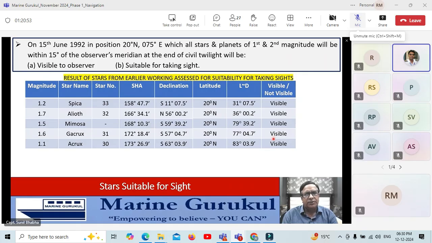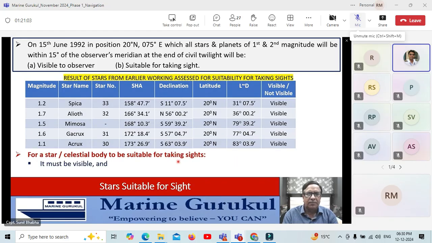Now, yes, they are visible to the observer. Are they suitable for taking sight or not? For a star to be suitable for sight, obviously it has to be above the horizon and visible, otherwise sight cannot be taken. And second, there should be some minimum altitude, and we have put a cap of 10 degrees.